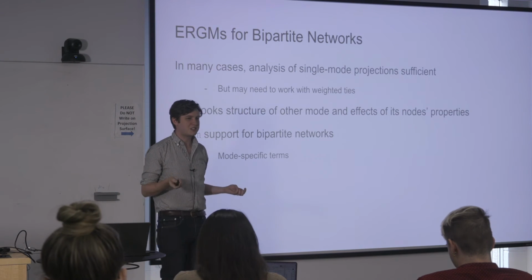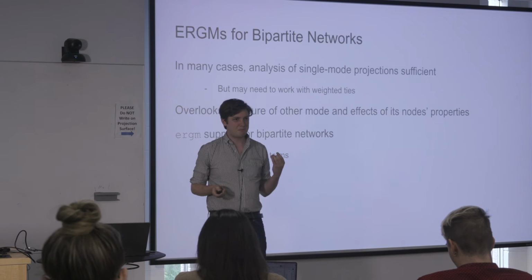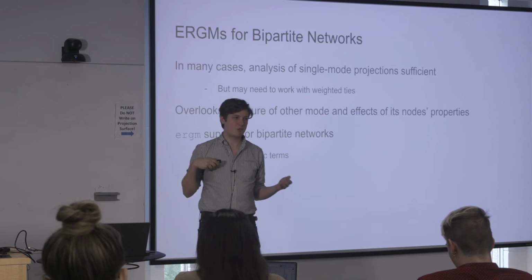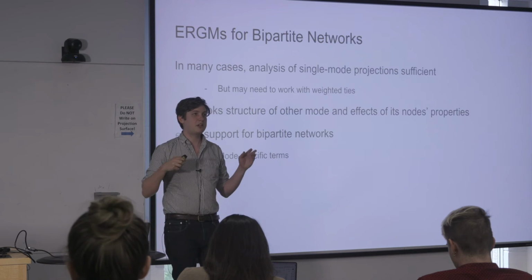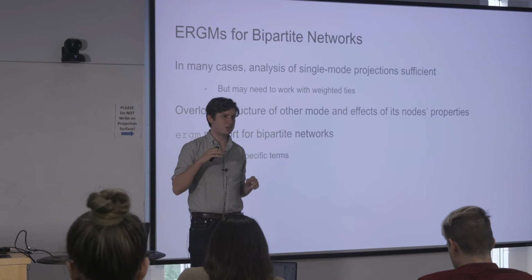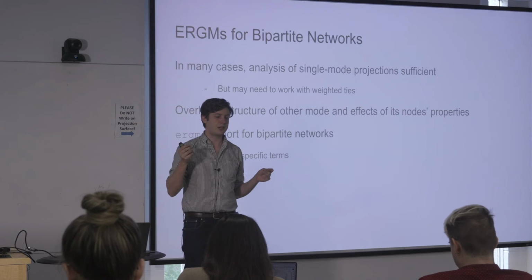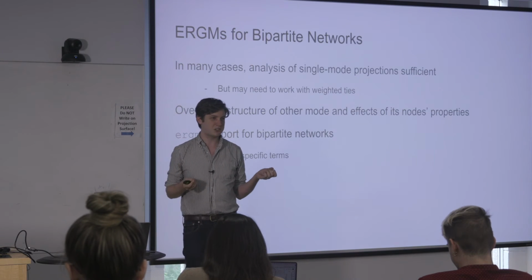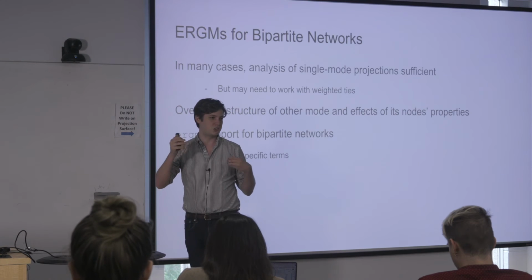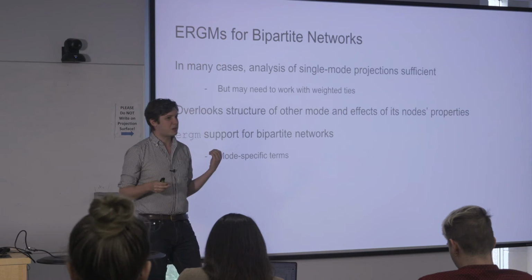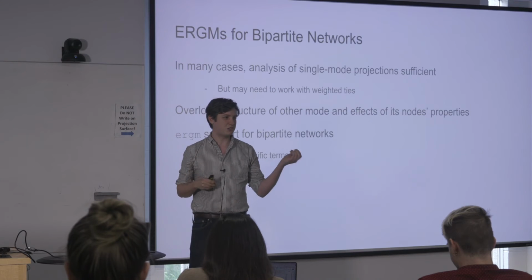For instance, if we were thinking about graduate students and where they would want to go, in a one-mode projection, you might be able to have a node-level property for the students, like what is their discipline, what are their interests, and then you could just do a homophily term. But let's say there's something about the universities that graduate students apply to and attend.